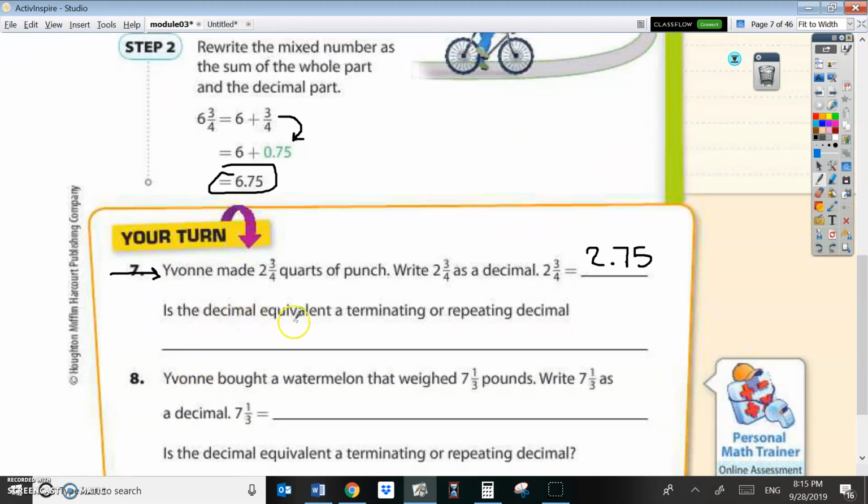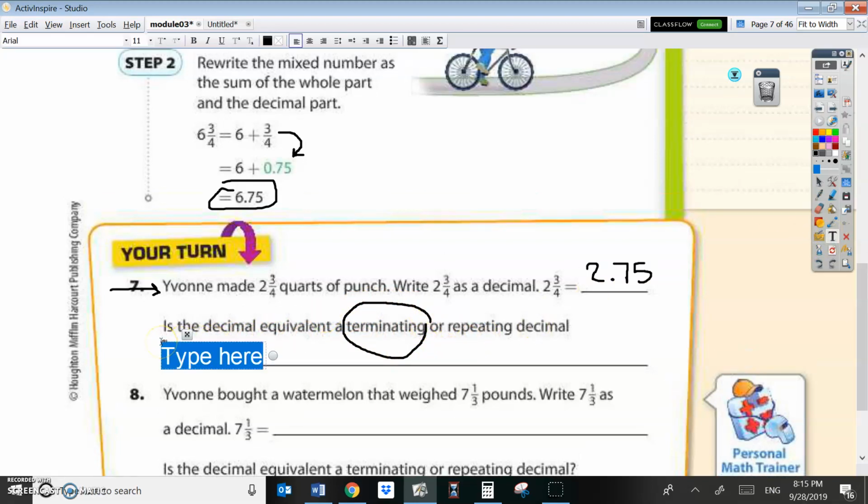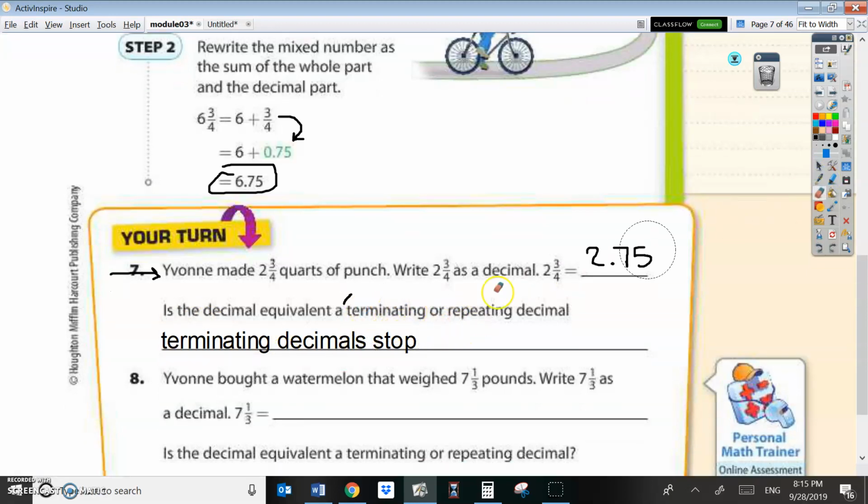Is the decimal equivalent repeating or terminating? It's terminating. Terminating decimals stop. So look at this one now. Yvonne bought a watermelon that weighed 7 1/3.